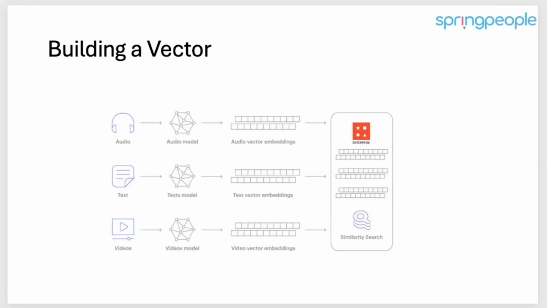So how do you build it? Building a vector is about building that particular model. If you are used to large language models, you would see that each of these language models also creates its own embedding models.